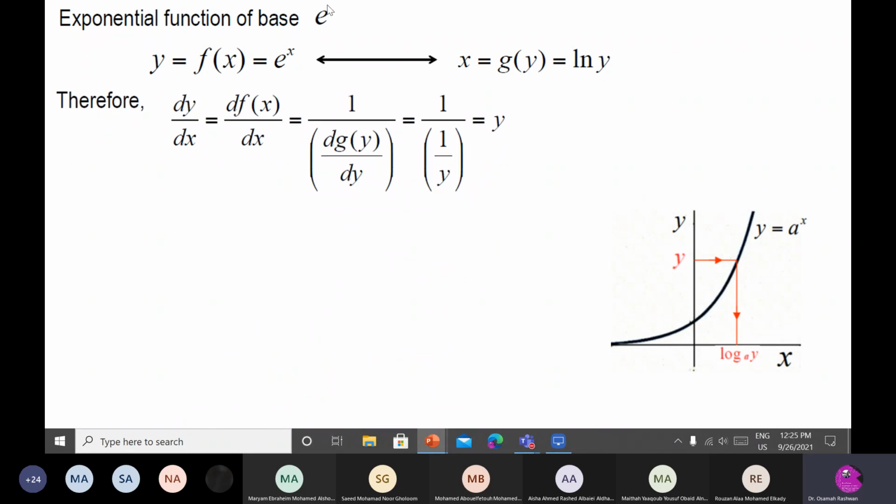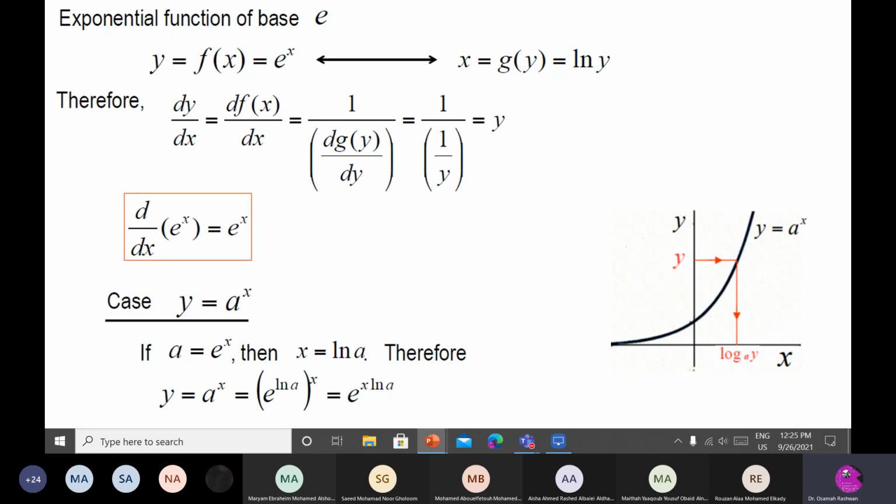So it is 1 over y. So yes, the derivative of the exponential function is the exponential function itself, unless you have a coefficient for the power x.